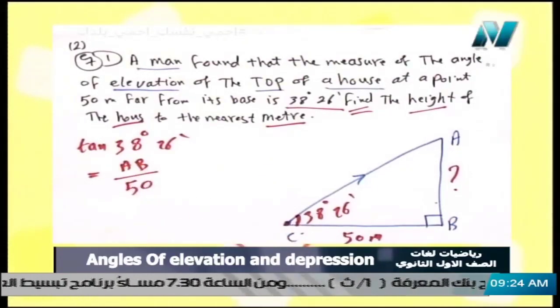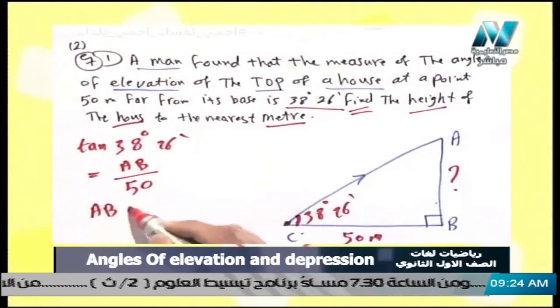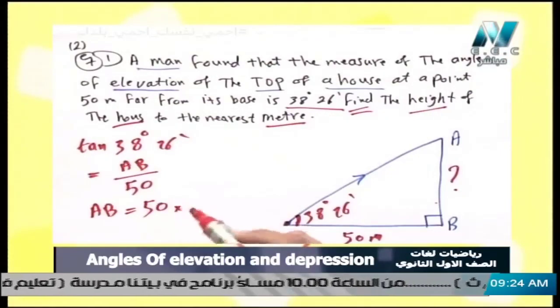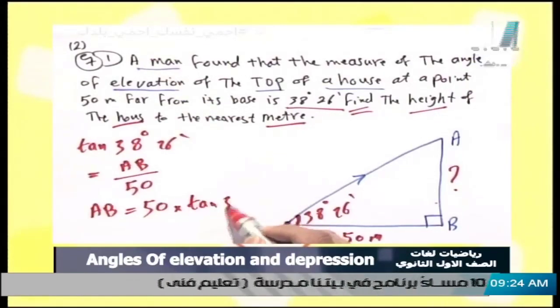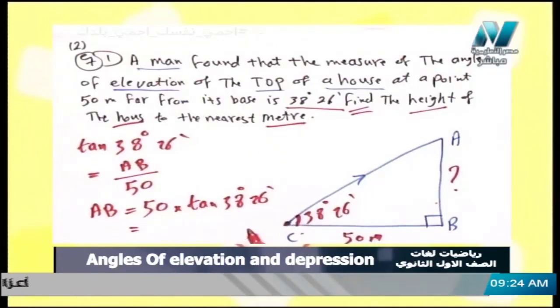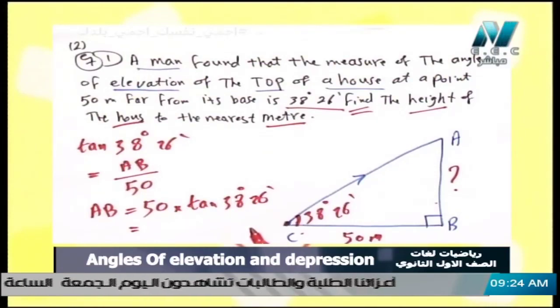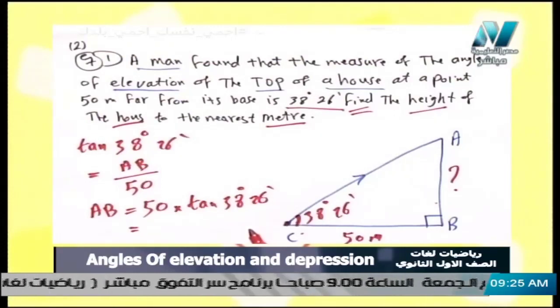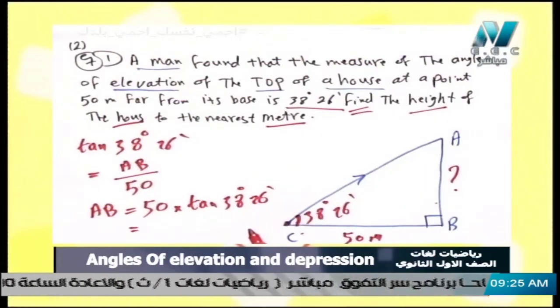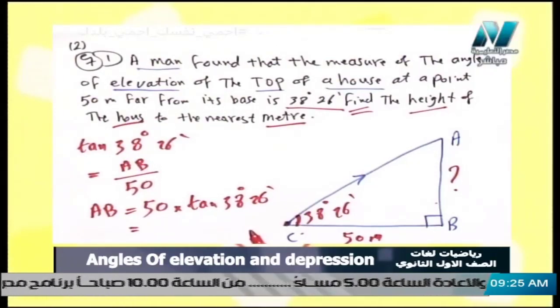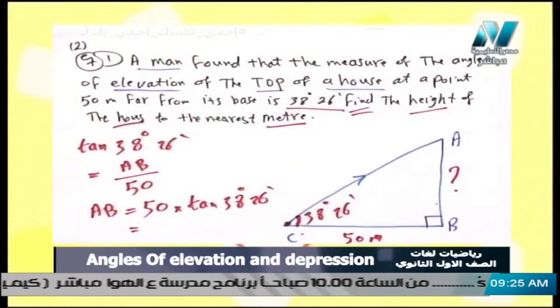So to find AB, it's 50 multiplied by tan of the angle 38 degrees 26 minutes, and by using your calculator, you will find the answer. You can use a calculator, we will not use it now.